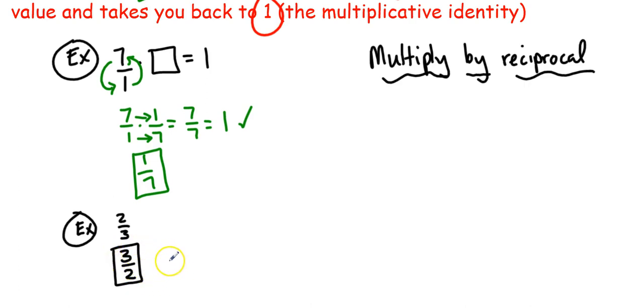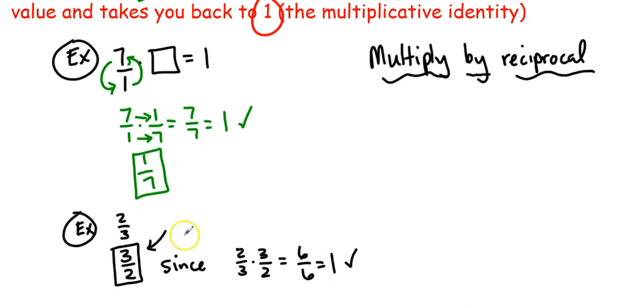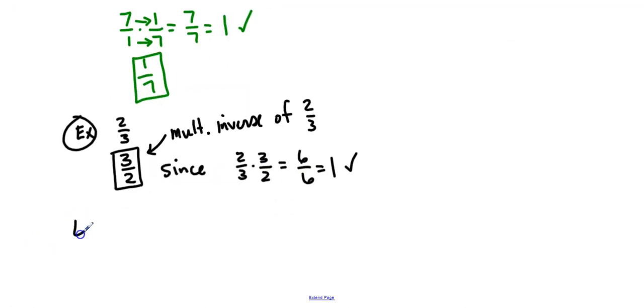And I know that because my original number, 2/3, times the multiplicative inverse, 3/2, when I multiply across, gives me 6 over 6, which simplifies to 1, and that's exactly what we need. So 3/2 is the multiplicative inverse of 2/3.